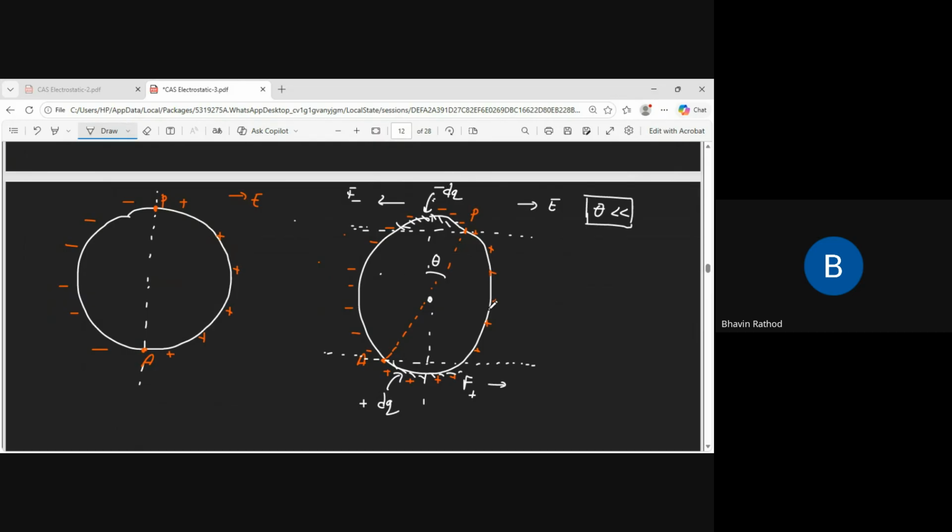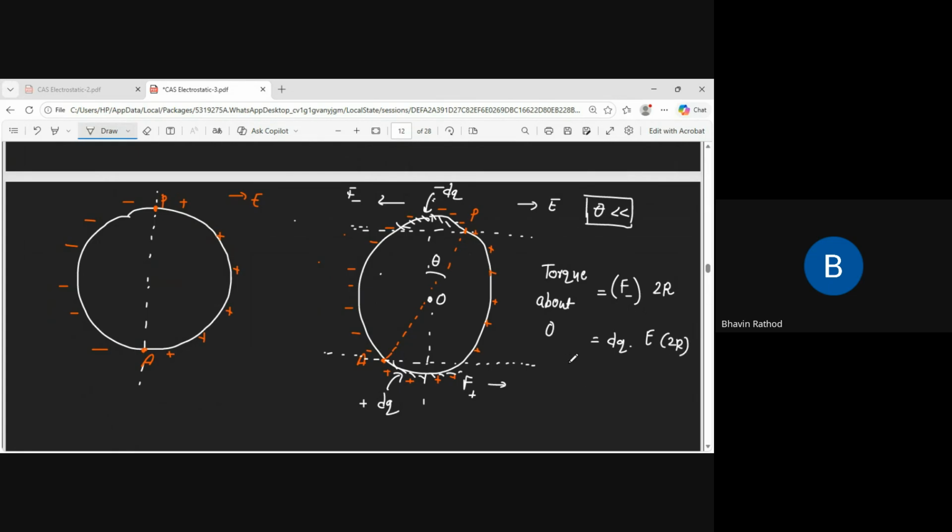So the torque about O will be equal to the value of the force. I can pick either F minus or F plus, they are equal anyway, into the distance between the two forces. It's a couple, so that's how we find the couple. F minus will be equal to dq into E into 2R.